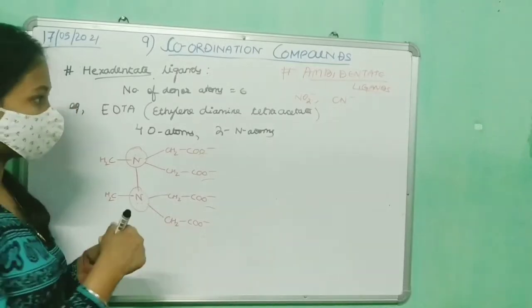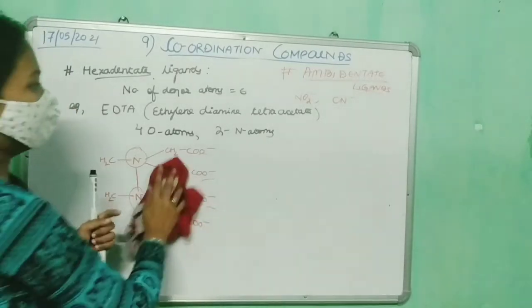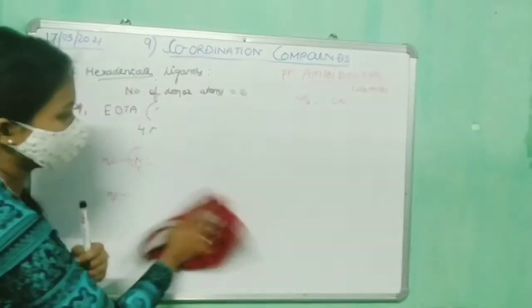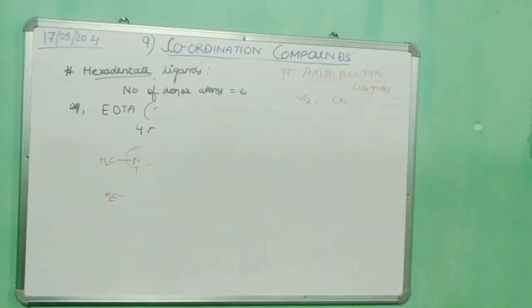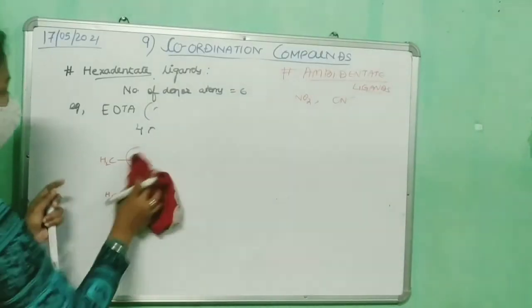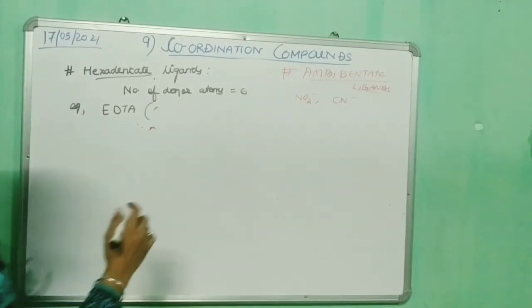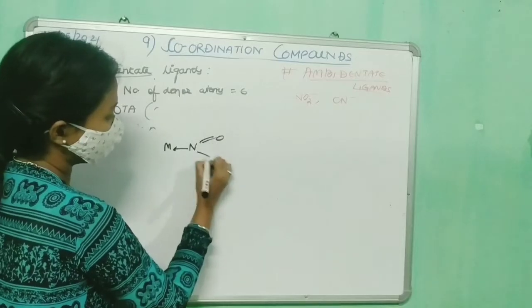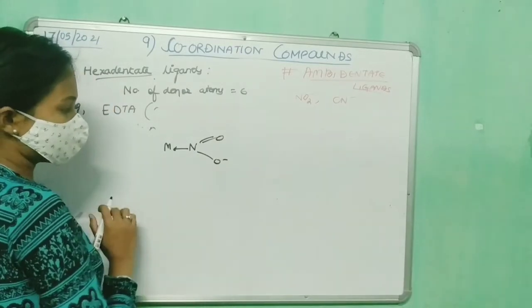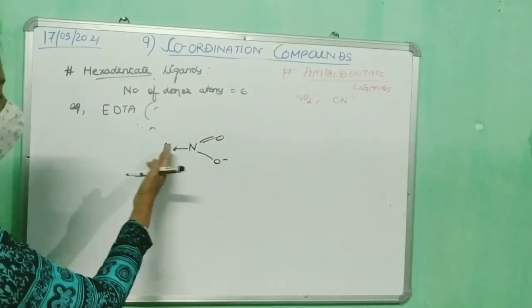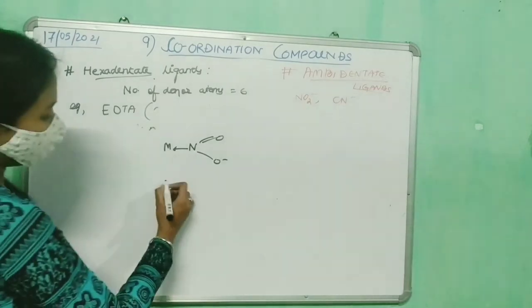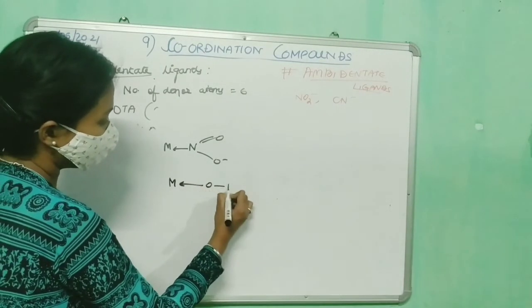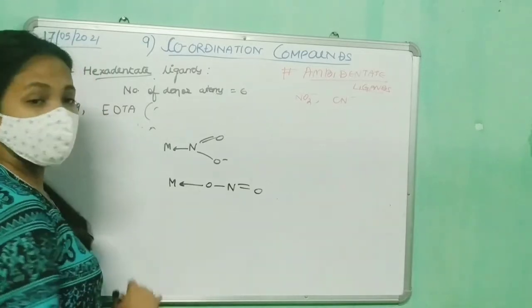So, for example, if I show you, this is the metal, and if nitrogen is donating, right? This time the nitrogen is donating to the central metal ion, or else this can happen like O, and this time oxygen is donating.